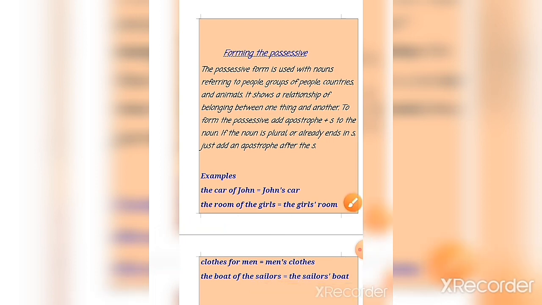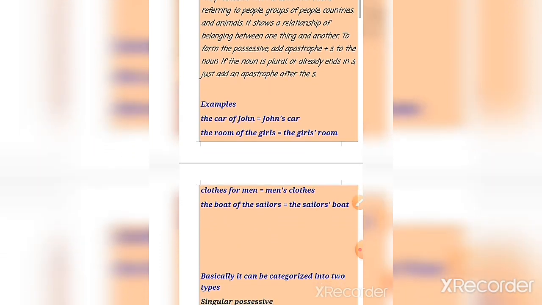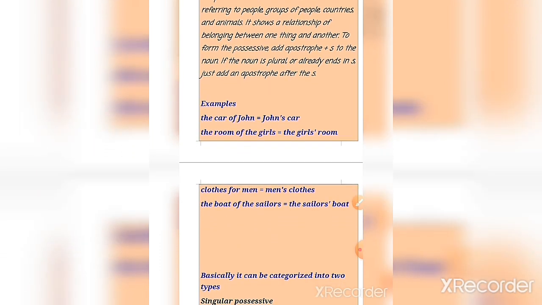Let us see examples. The car of John, in possessive form we will write John's car. Clear? See that here John is the noun, then we add an apostrophe and then s. Like that we can make the format of a possessive form.